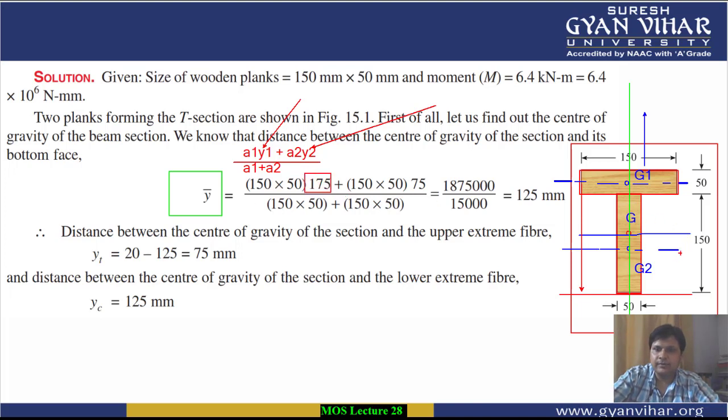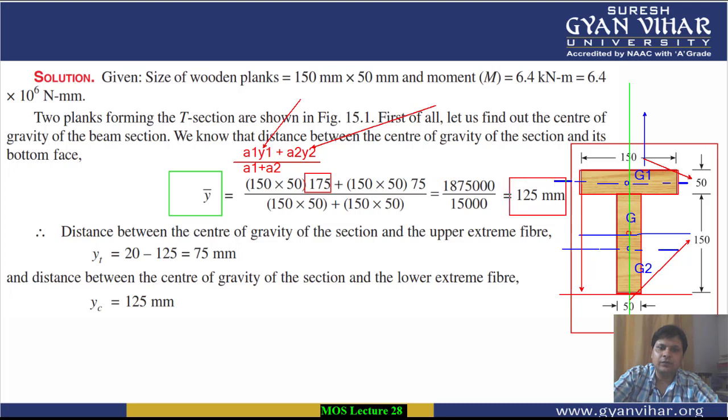Coming to y2 is very simple, because the whole length from here to here is 150, and we only need the value from here to the center of this section, which is 150 divided by 2, that is 75. So this was also easy. Then a1 and a2 can be easily calculated. a1 will be 150 into 50 and a2 will again be 150 into 50. Both have the same area, so that can be taken out as common.